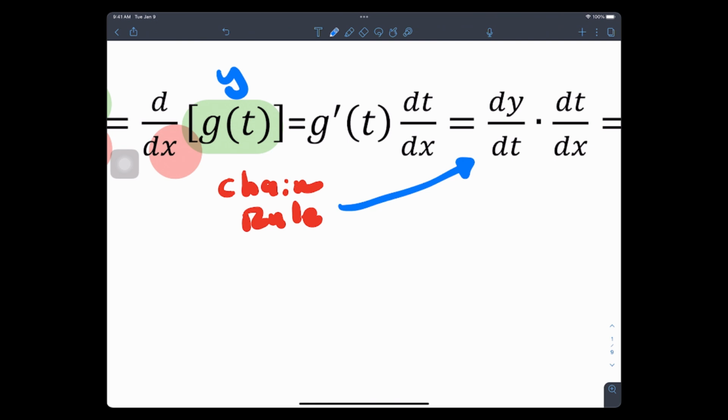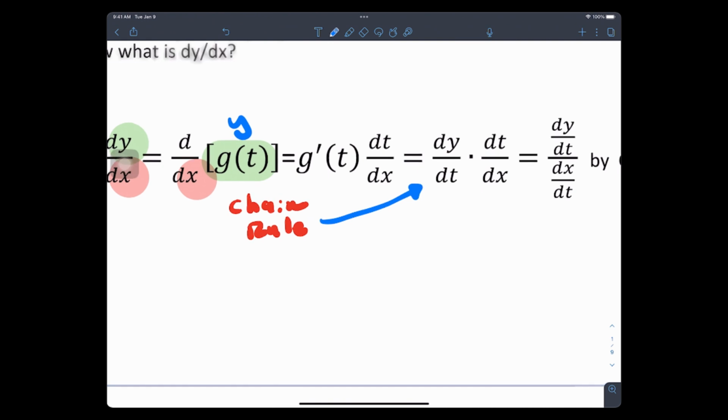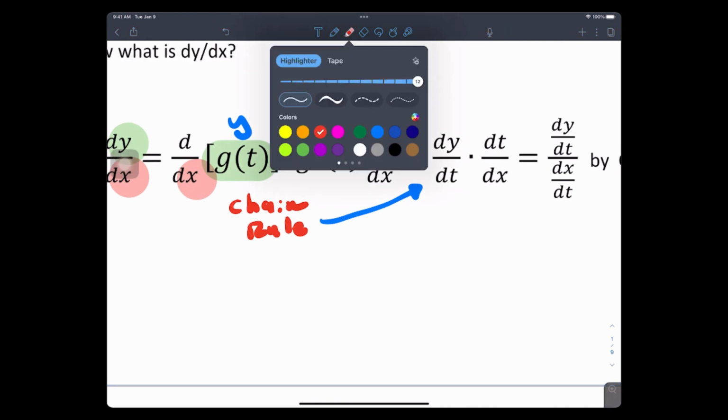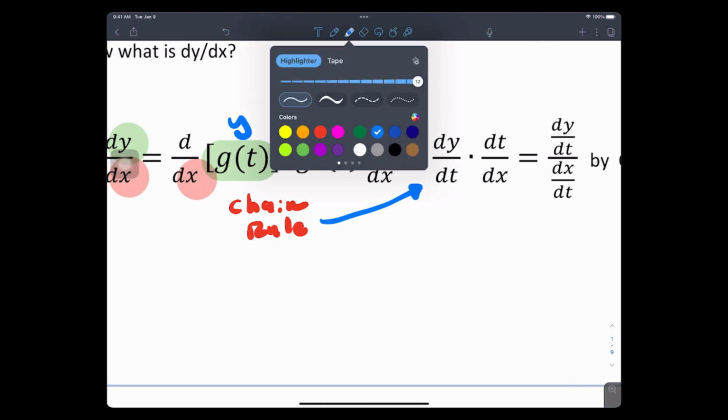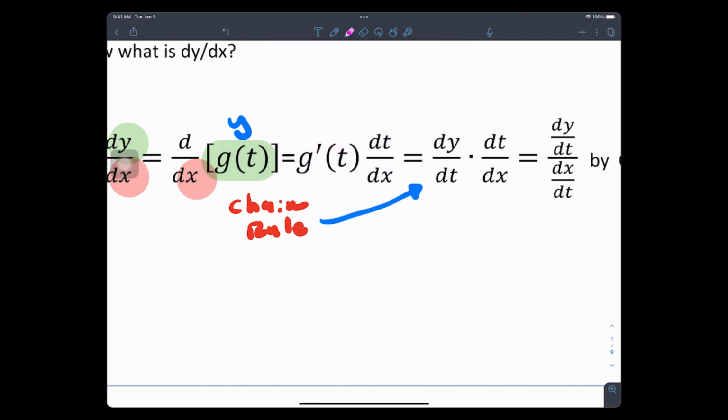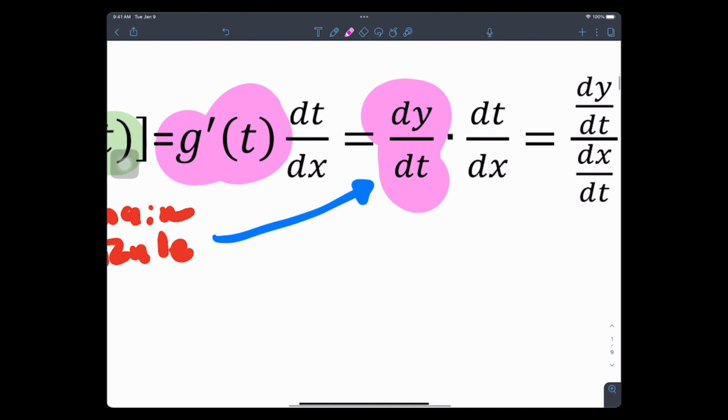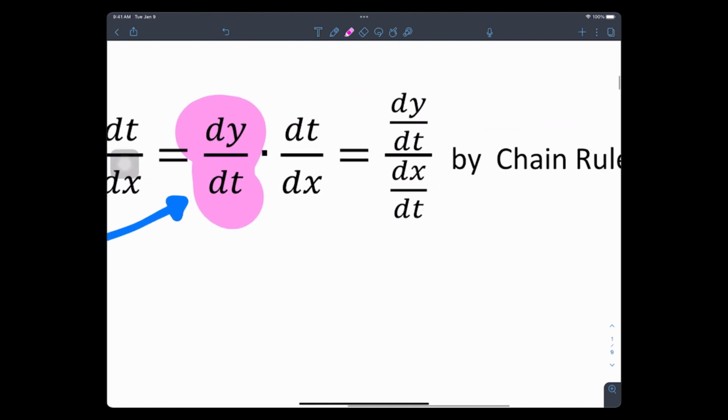This is g prime times dt dx, though. Okay? So I want you guys to know that dy, maybe use pink here, g prime t, this is dy dt, and then times dt dx. That's chain rule.